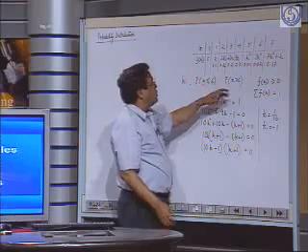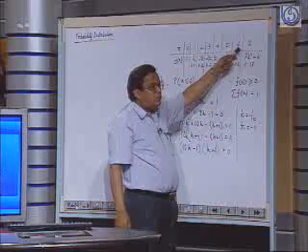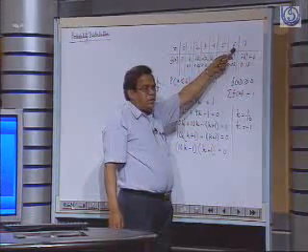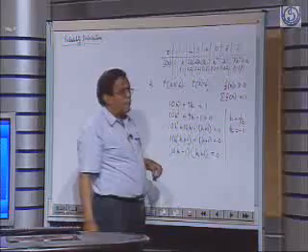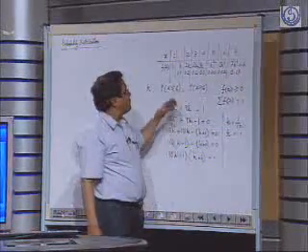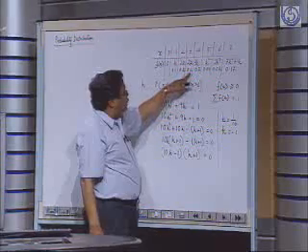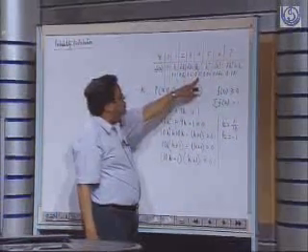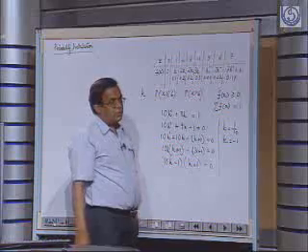Less than or equal to 6 means up to this. So you add all the probabilities. 0.1 plus 0.2 is 0.3, 0.5, 0.8. So this would be 0.83, right?